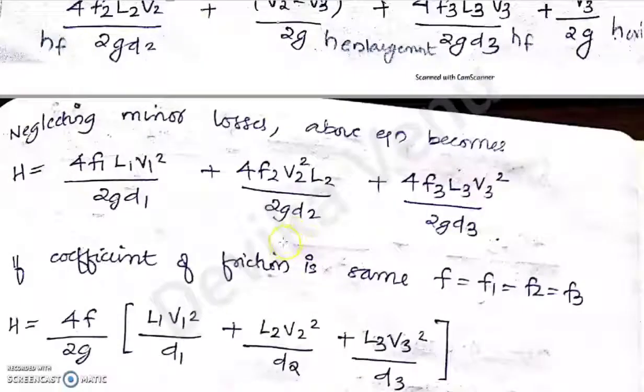And again, taking a special case, suppose all the pipelines have the same coefficient of friction, so f1, f2, f3 will be the same. I'm taking that as small f. So 4f by 2g is the common thing for all the terms.